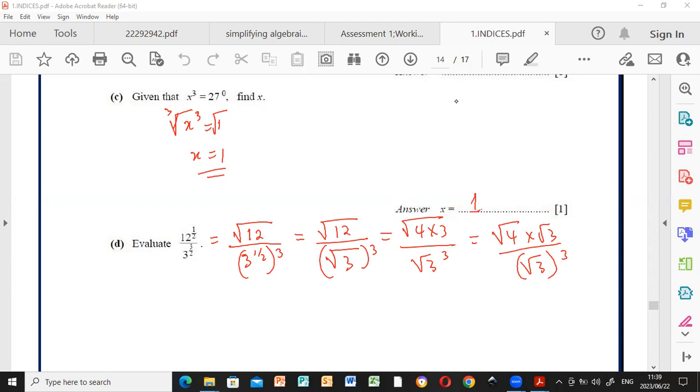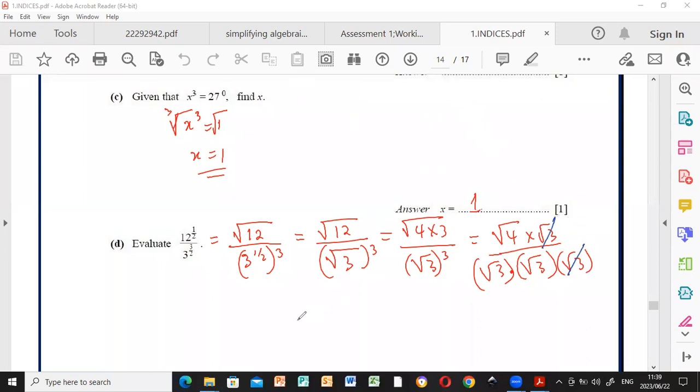So now we can do the cancellation here. Remember, if you say the square root of 3 to the power of 3, this is basically the same as the square root of 3 times another square root of 3 times another square root of 3. That's what is meant by the square root of 3 cubed. So clearly you can see that this square root of 3 and this square root of 3 cancel.